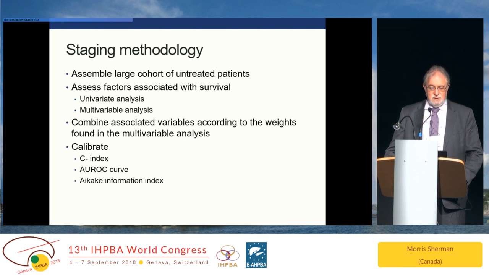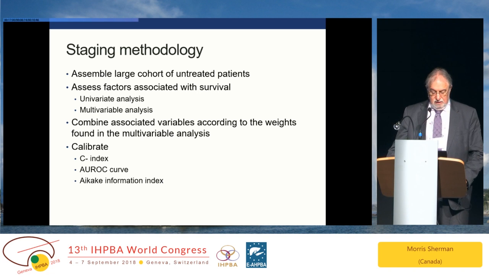So this gives you your system, and then you calibrate that by looking to see whether the expected outcome based upon the staging system matches the outcome observed in real life. And the criteria that are used to assess calibration, the important ones, are the C index, the ROC curve, and the information index. And we'll talk about some of those as we look at the staging systems.